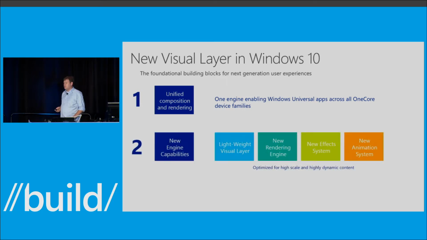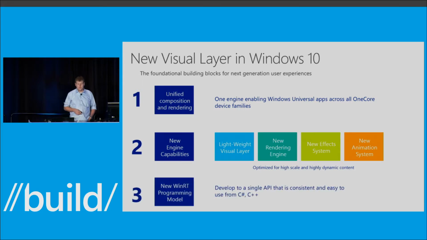It provides new capabilities from lightweight visuals to a new rendering engine, effect system, and animation system, enabling you to build great user experiences. All of these have been optimized for high scale and highly dynamic content. And then last, we've wrapped them all up into a WinRT programming model so that you can use them from both C++ and C#.